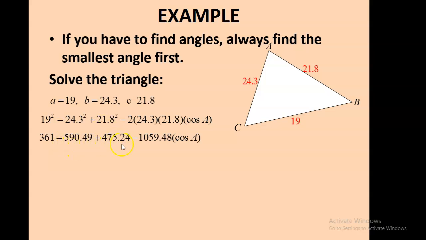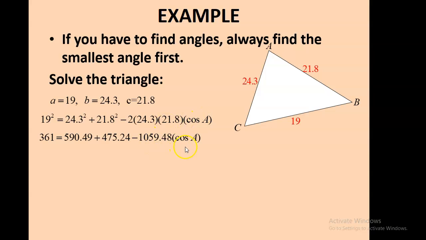And 21.8 squared is 475.24. And then we go 2 times 24.3 times 21.8 gives us 1059.48 times cosine of A. Now, this is where people tend to make mistakes. And you really need to be careful here, because this is an equation.